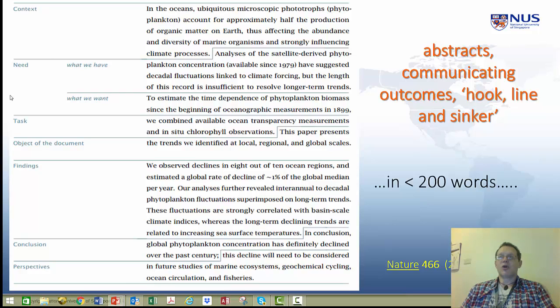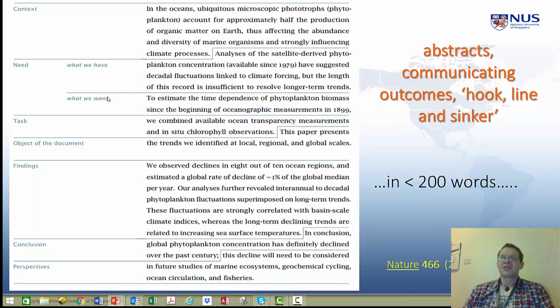The need, what we have and what we want. What science has, analysis of a satellite-derived phytoplankton concentration, since 1979, have suggested decadal fluctuations linked to climate forcing, but the length of this record is insufficient to resolve longer-term trends. Okay, that's where we are, that's what we've got.